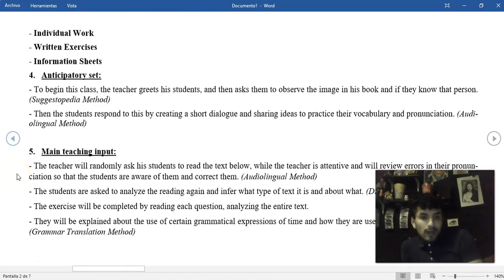The students are asked to analyze the reading again and infer what type of text it is and what it is about.